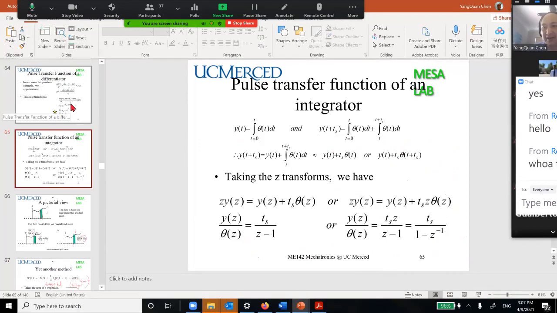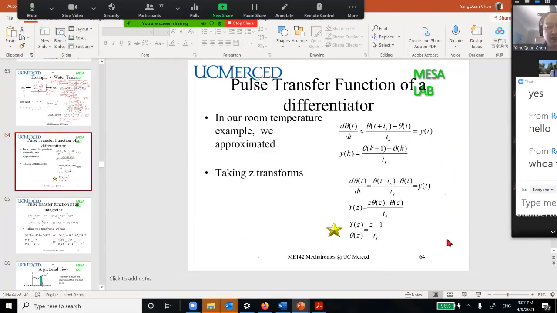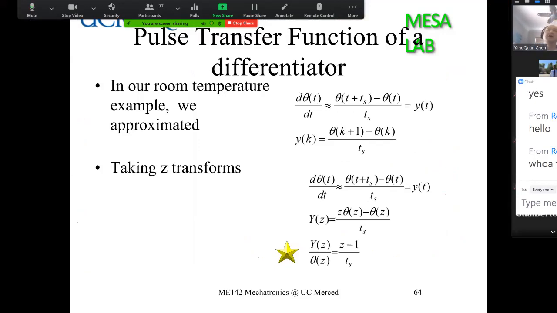So what's next is going to talk about some basic Z transformations. Say, for example, that I have 1 over S, this is called an integrator, okay? And this is called a differentiator, right? So I want to understand what is the discrete form of that.